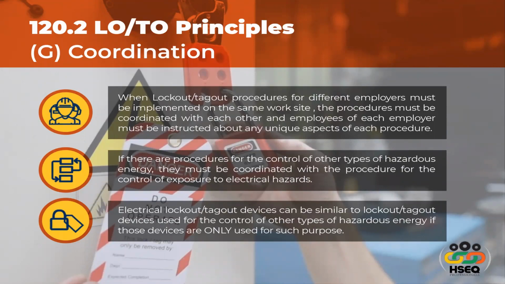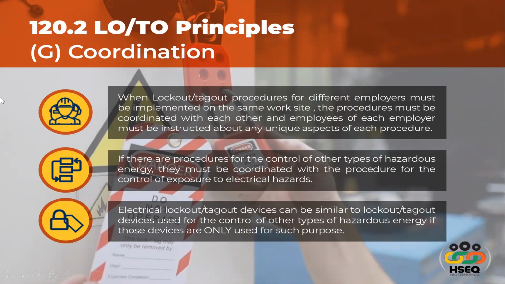So if I'm using a blue lockout and a similar tagout device for the control of electrical energy, I can use that blue lock and tag for the control of mechanical energy, pneumatic energy, and other types of energy as well, as long as that lock and tag is only used for the purpose of lockout and tagout, not for any other purpose.